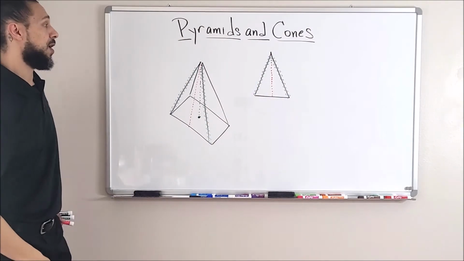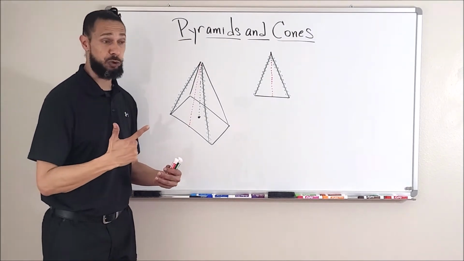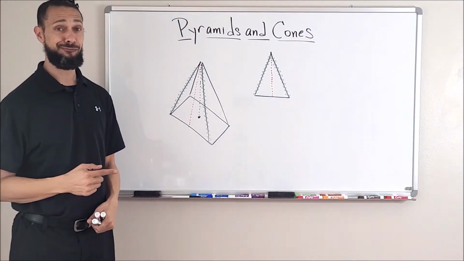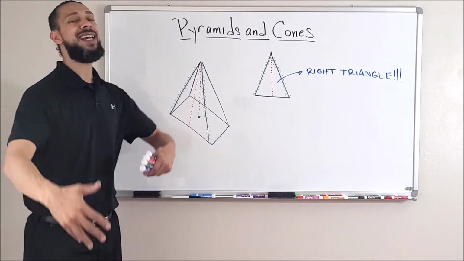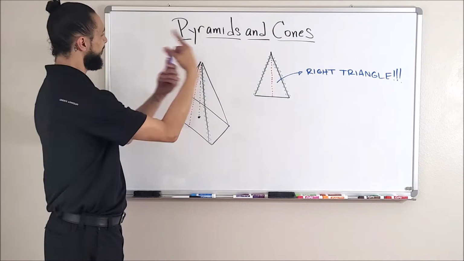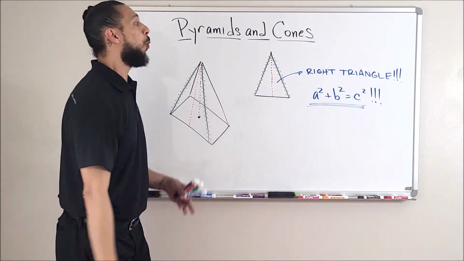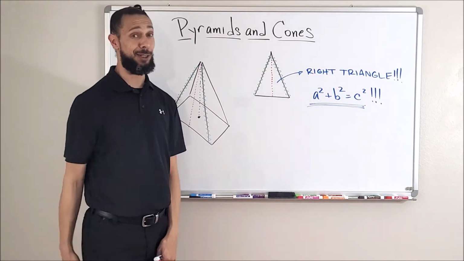Now, second thing, when it comes to pyramids and cones actually, one shape you'll always see is right triangles. And of course, you know what comes along with right triangles: the Pythagorean theorem. Wherever right triangles go, the Pythagorean theorem is sure to follow.